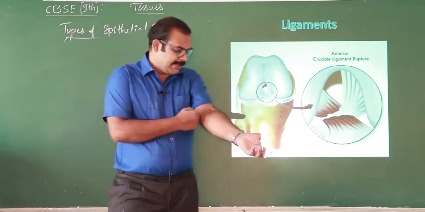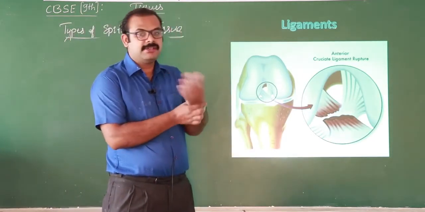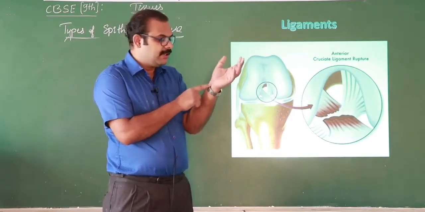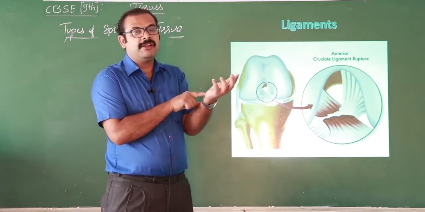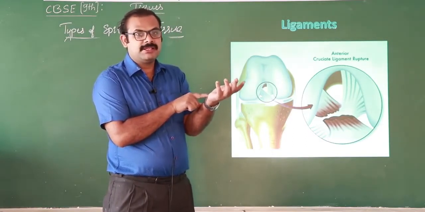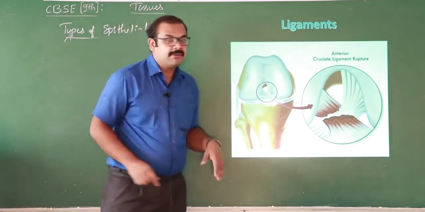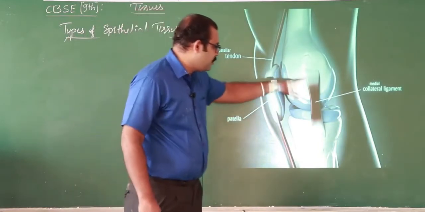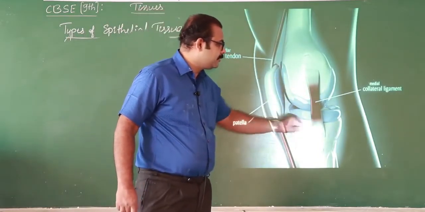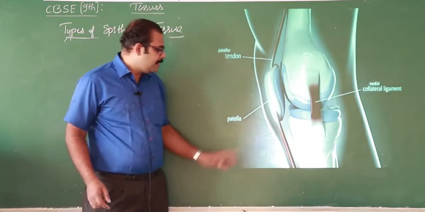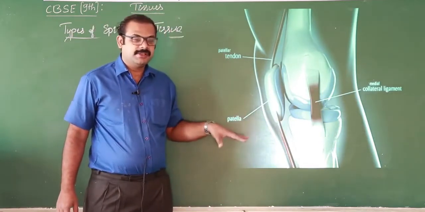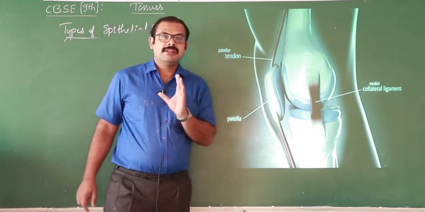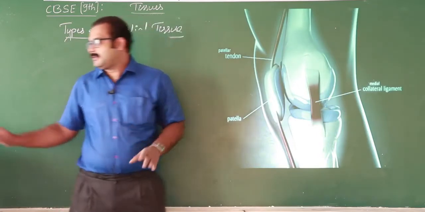For example, in this particular part, which is usually very thin, if it is cut by accident or otherwise, then we cannot move our finger properly because there is no connection at all. So this is about the ligaments. Just like a rod, they hold the two bones together. Depending upon the position, they have different names, but they are nothing but connective tissue that mainly holds the two bones together.